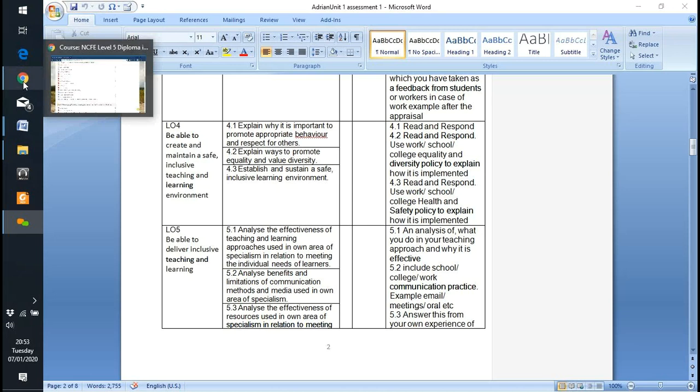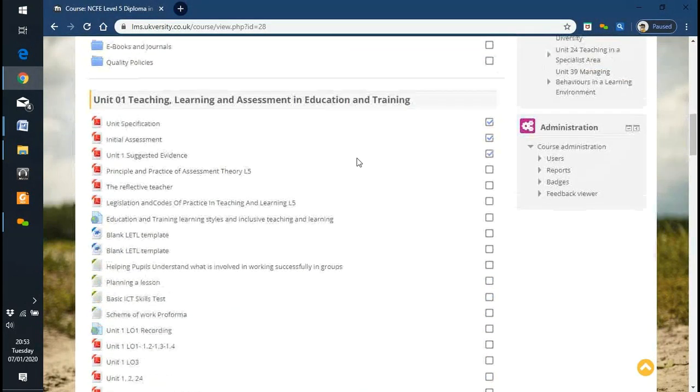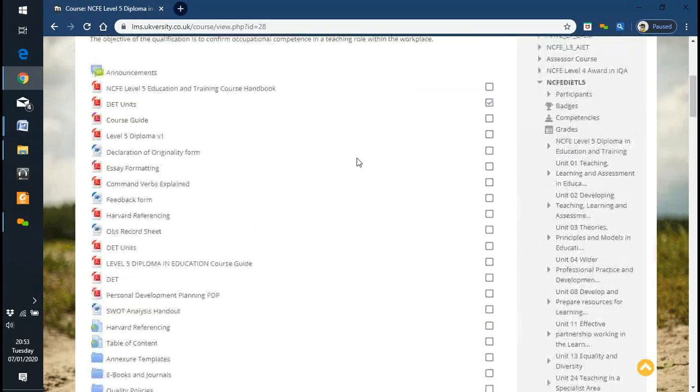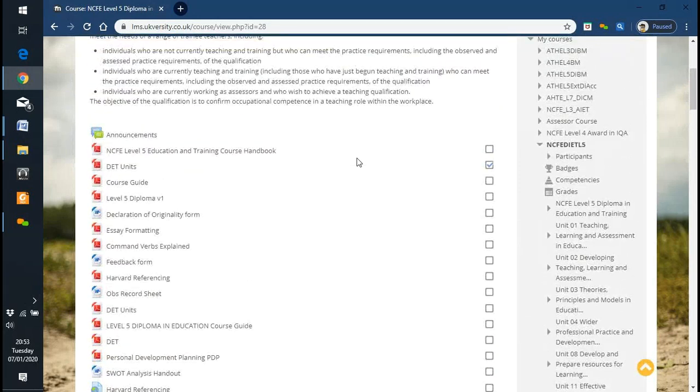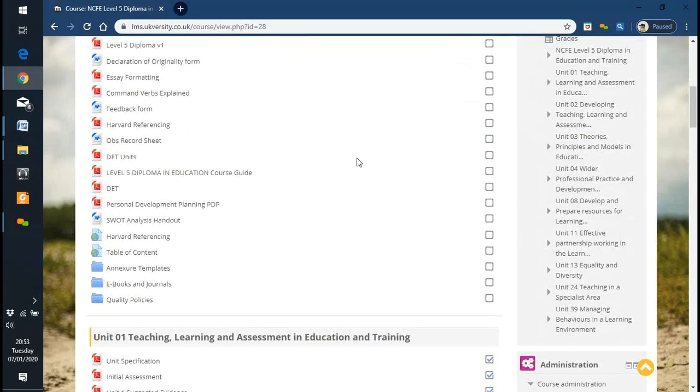So let me just go to the... Just find if I can find one back on it. There's a feedback form there if you haven't got one. Observation record sheet, there we are. Make sure it's the right one.